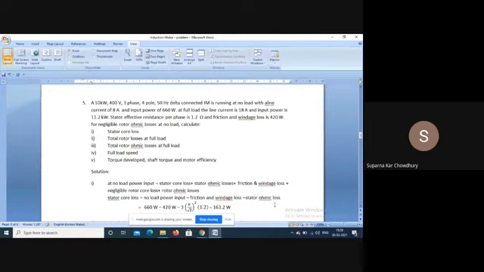Now we have a 10 kilowatt 400 volt 3-phase 4-pole 50 hertz delta connected induction motor. It is running at no load with a line current of 8 ampere and input power of 660 watt. So at no load, the input stator current is 8 ampere, input power is 660 watt.